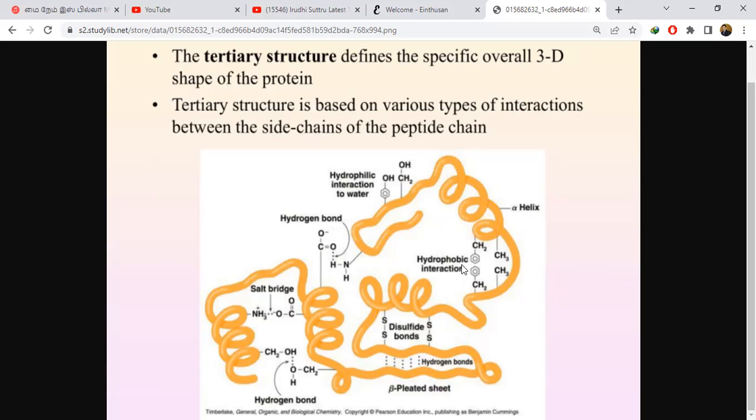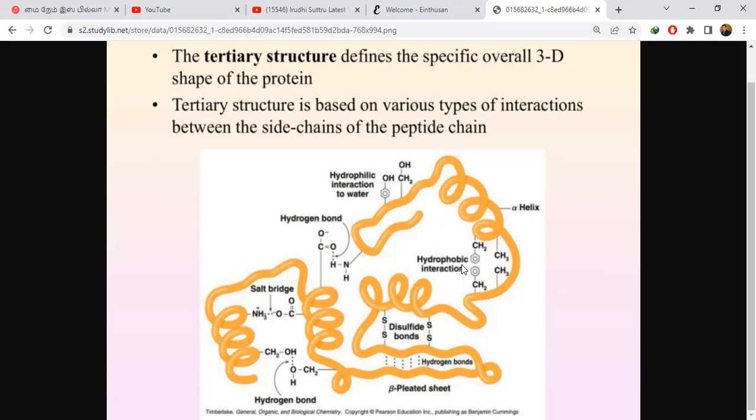Further, disulfide bonds. Do you notice disulfide bonds? Yes, sir. Third, ionic bond. Is there ionic bond? Yes, sir. Fourth, hydrophobic interaction. Yes, sir.